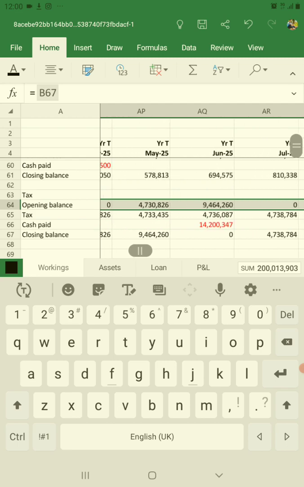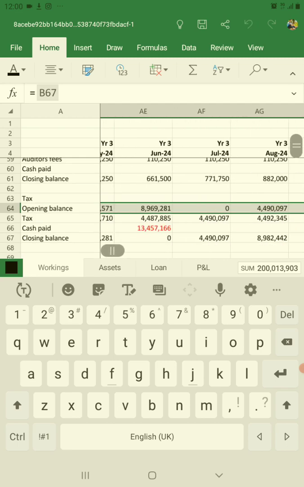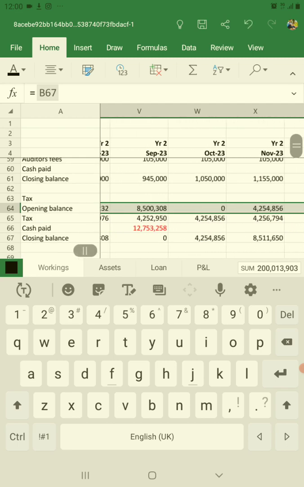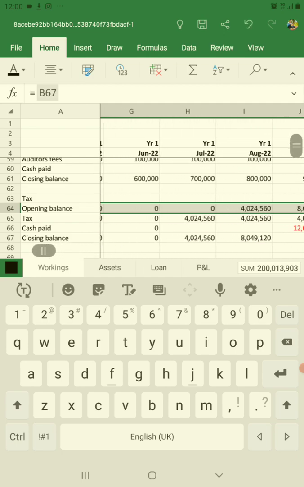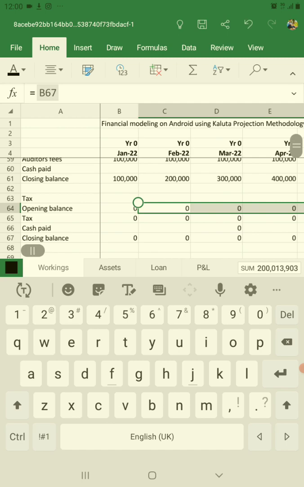After that, I can now input these projected transactions into our projected financials. The accrual of tax is already there because we have just picked it from the P&L.